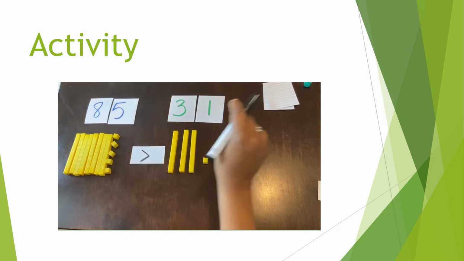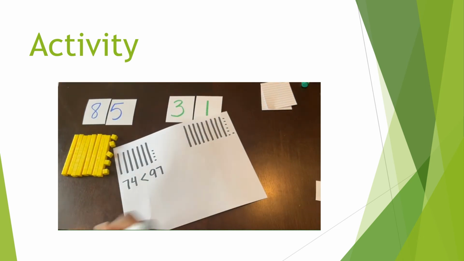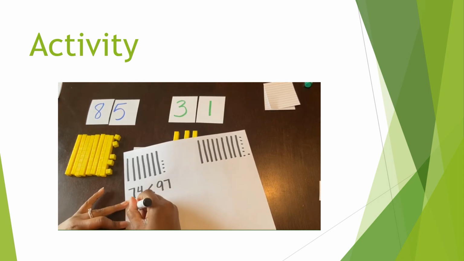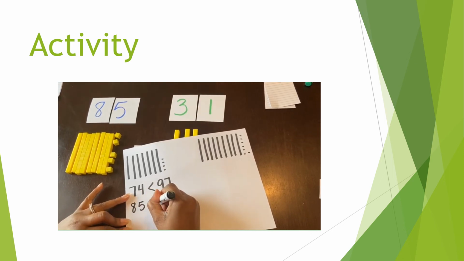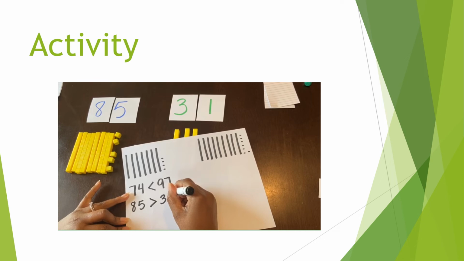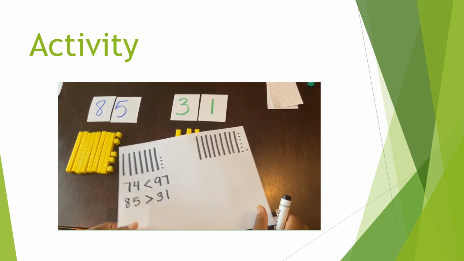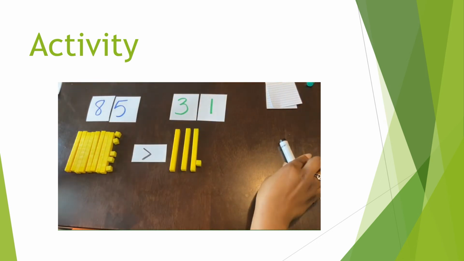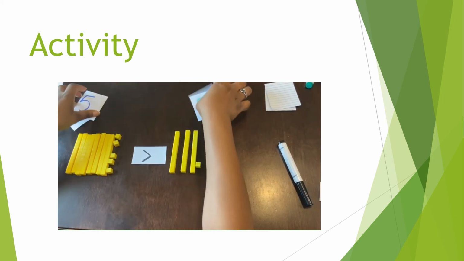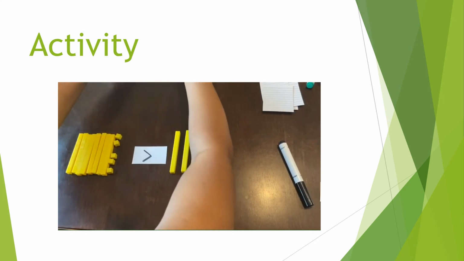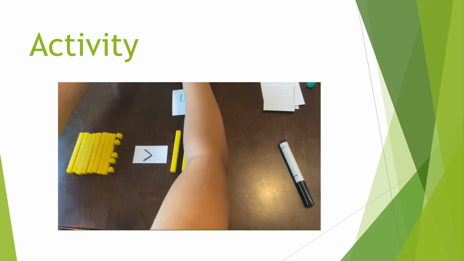Make sure you get your paper and write that down as well. And you can continue with a new set of numbers and see if you can complete it yourself.